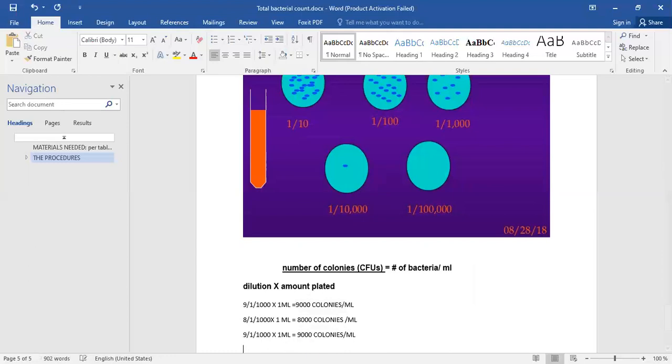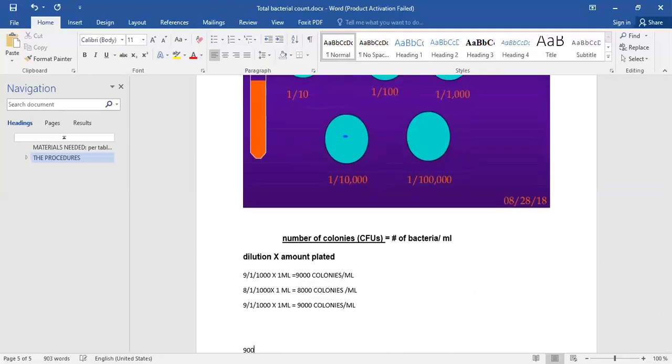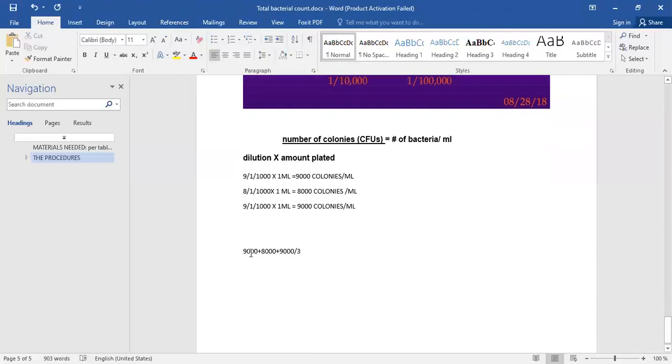Now the average will be the result, that is 9,000 plus 8,000 plus 9,000 divided by 3, because there are only three values.